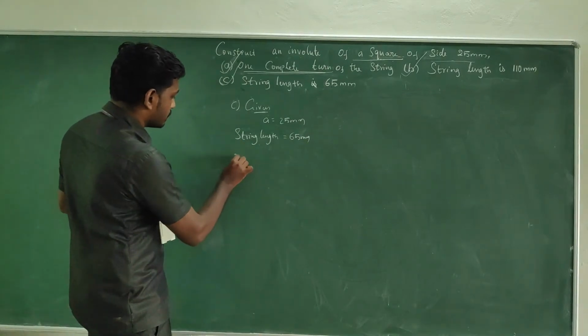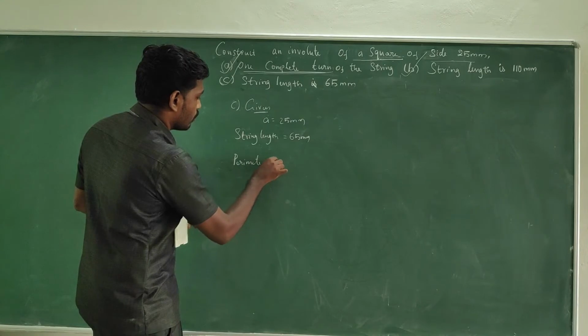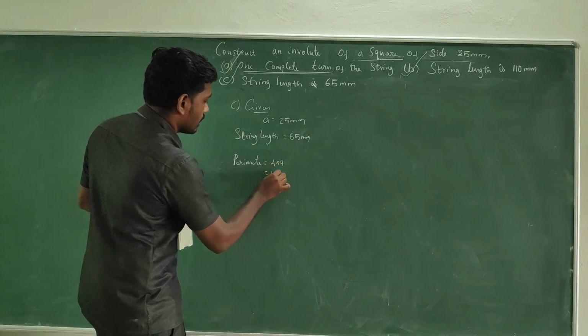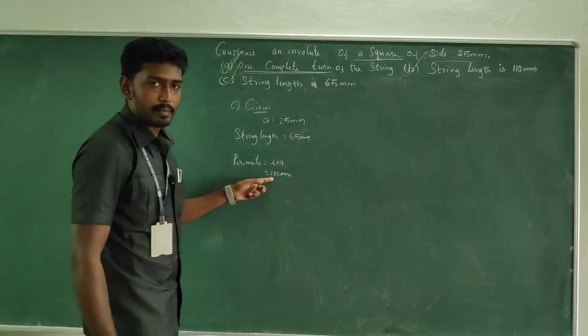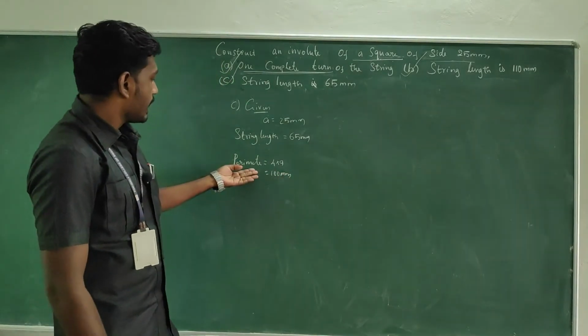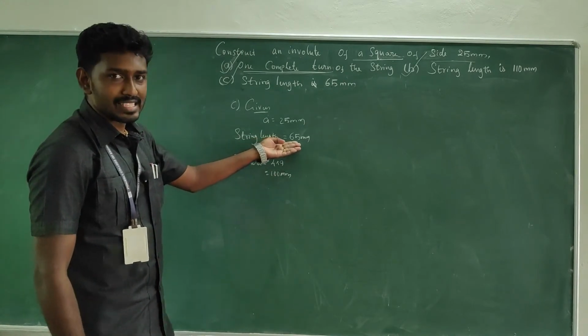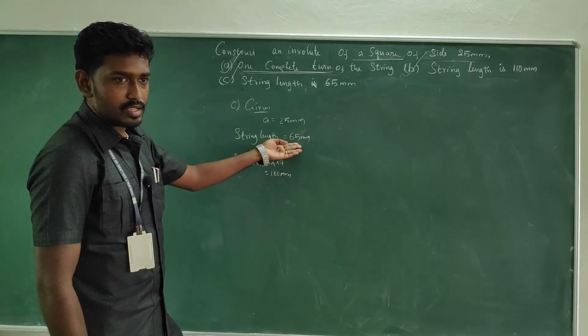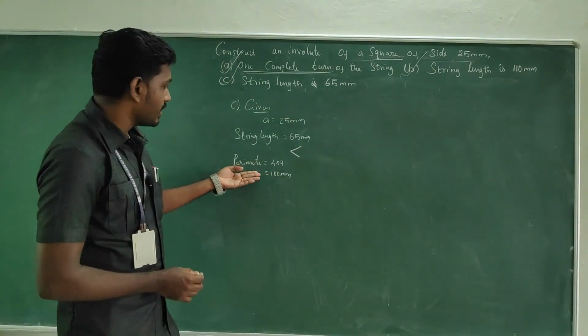We know the perimeter, 4 into A, we get 100. Since the size of the square is the same, we get 100. See, the perimeter is 100 and the string length is 65 mm, right? So the string length is less when compared with the perimeter.